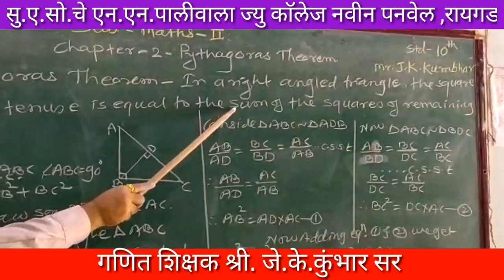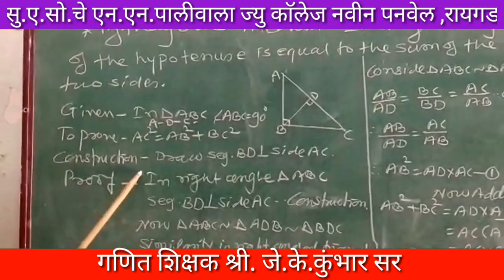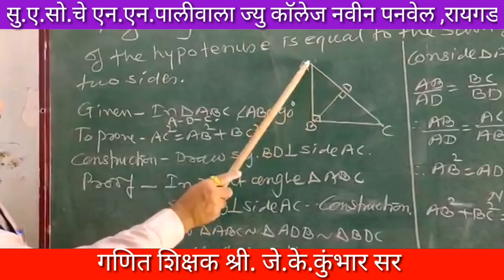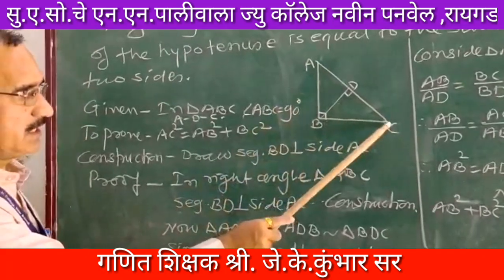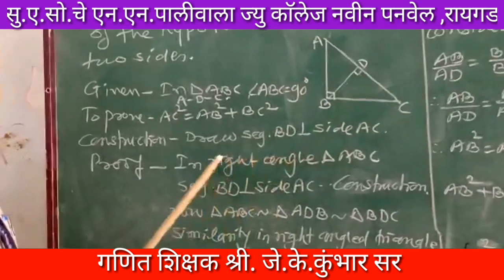It is a very easy theorem. See here, construction. For this purpose, we have to construct segment BD perpendicular to the hypotenuse AC. BD is perpendicular to side AC.